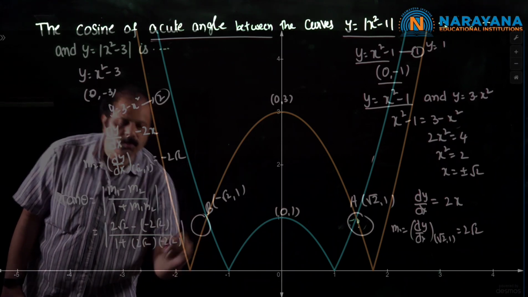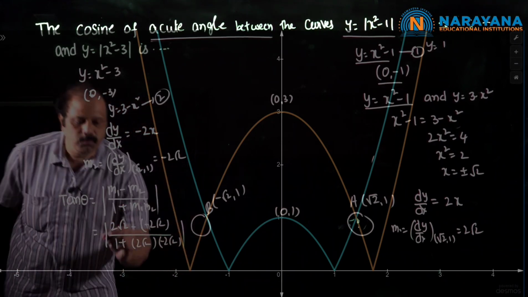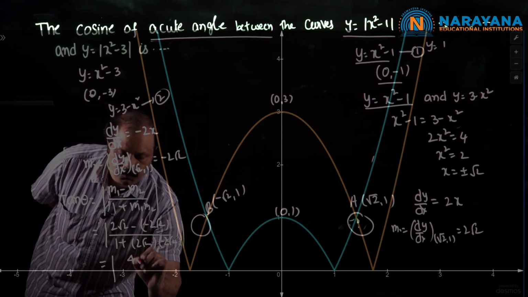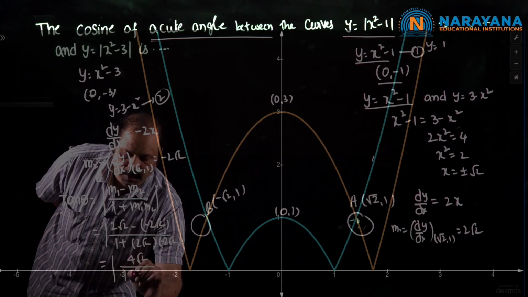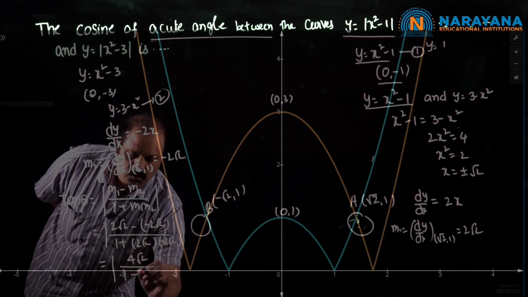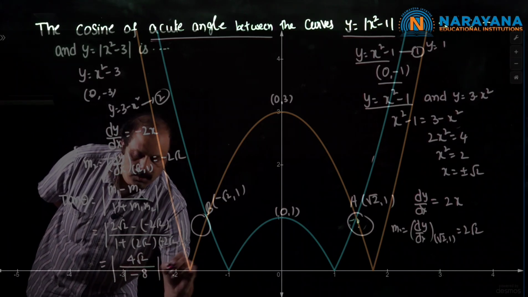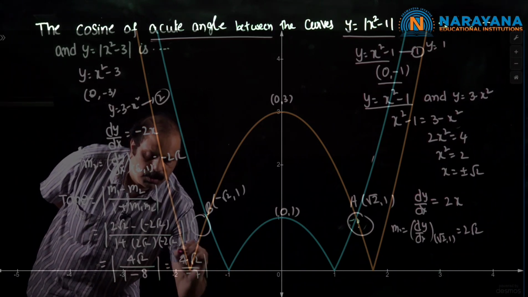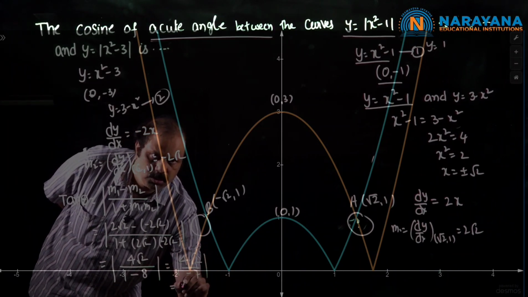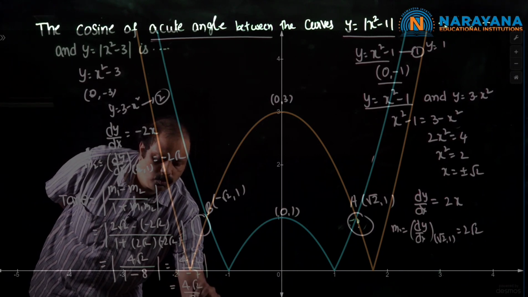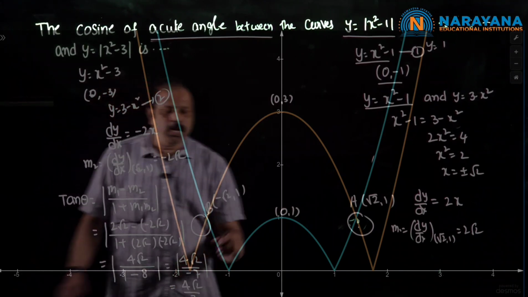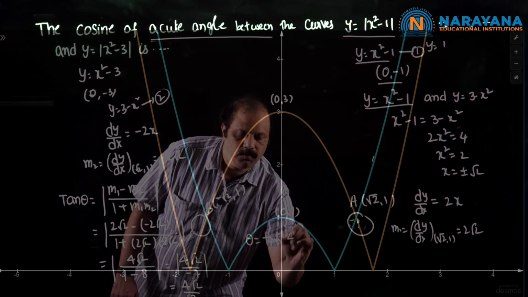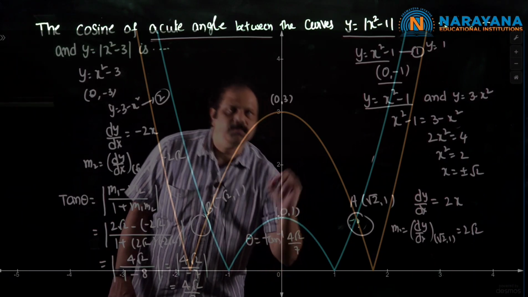Because he asked about the acute angle, we need to put the modulus sign. So this is 4 root 2 by 1 minus 8, which is 4 root 2 by minus 7. Because the modulus sign is there, this equals 4 root 2 by 7. Therefore, the angle between the tangents theta equals tan inverse of 4 root 2 by 7.